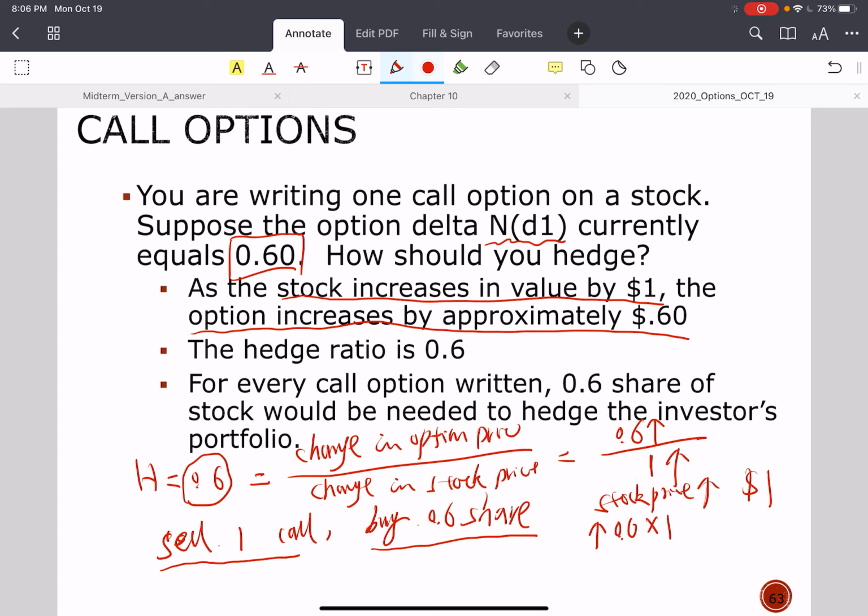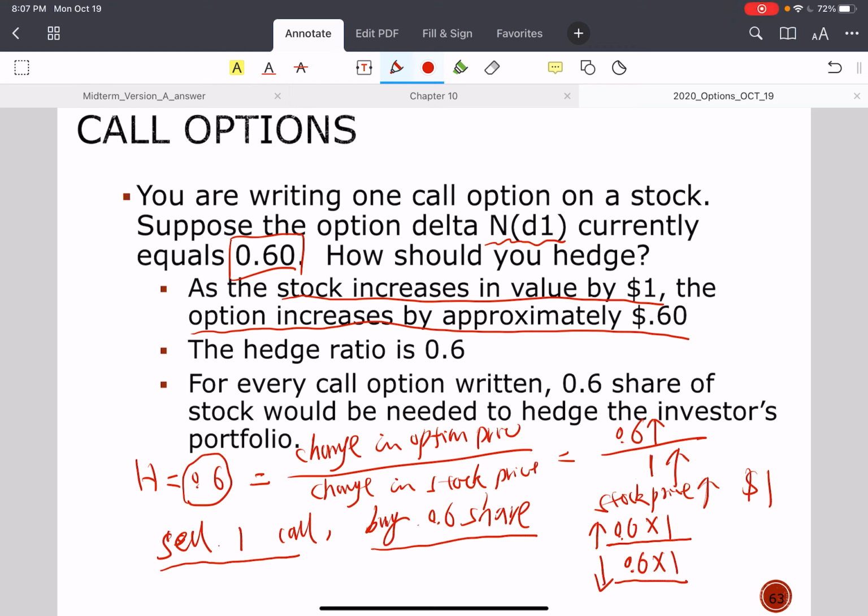And you have a short position of 1 call option. And we know that the call option price will increase by 0.6. And you have 1 call, but you are having a short position. So this position will generate a loss like this, right? So you can see that a positive gain of $0.6 will offset a loss of $0.6. So your portfolio is hedged.